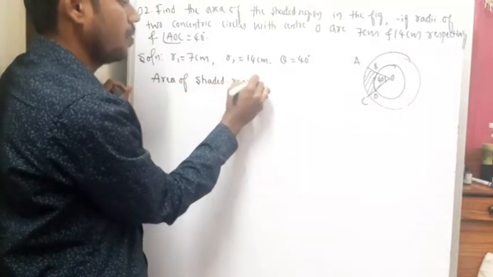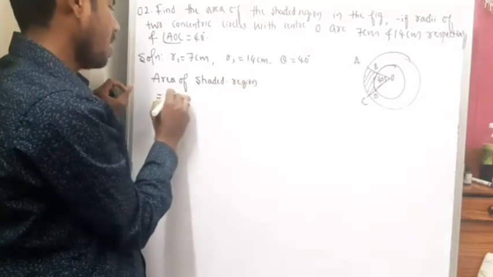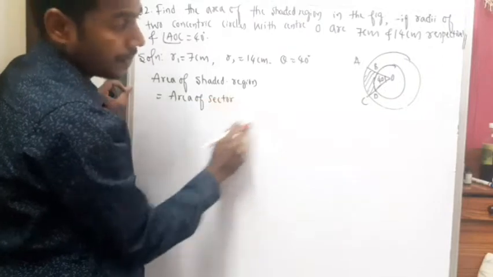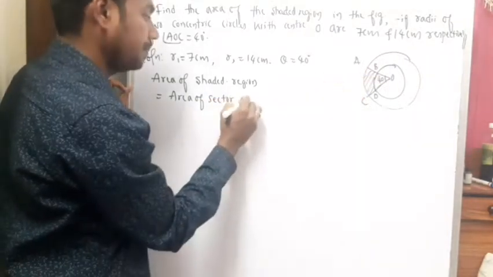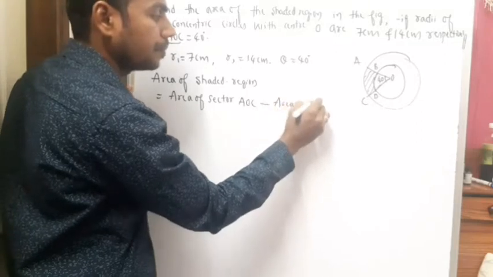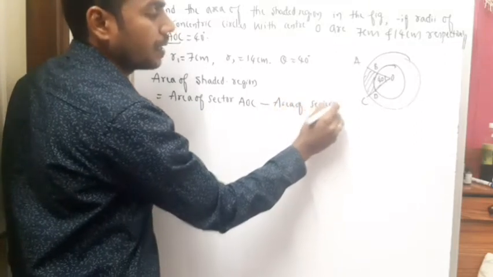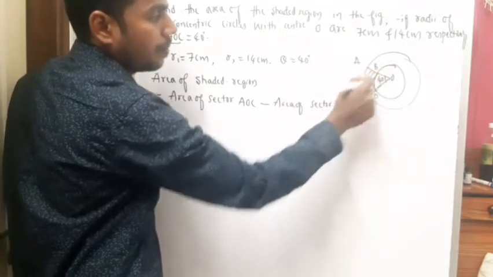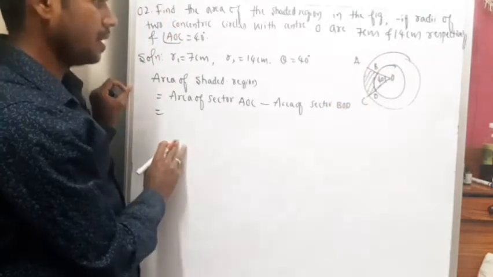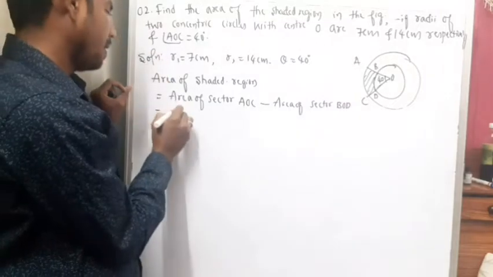So, area of shaded region is equal to area of sector AOC minus area of sector BOD. What is the area of a sector?